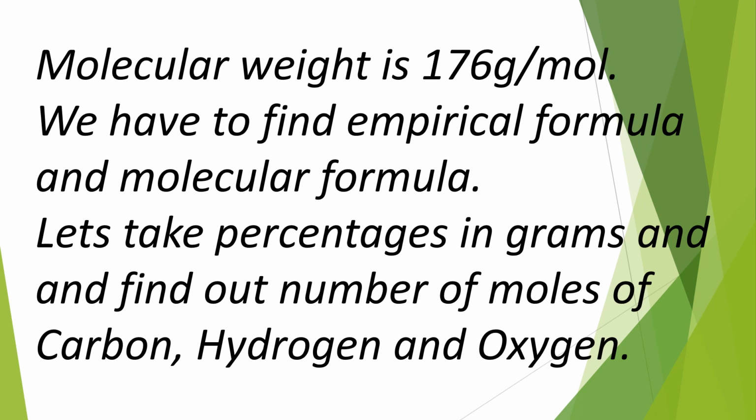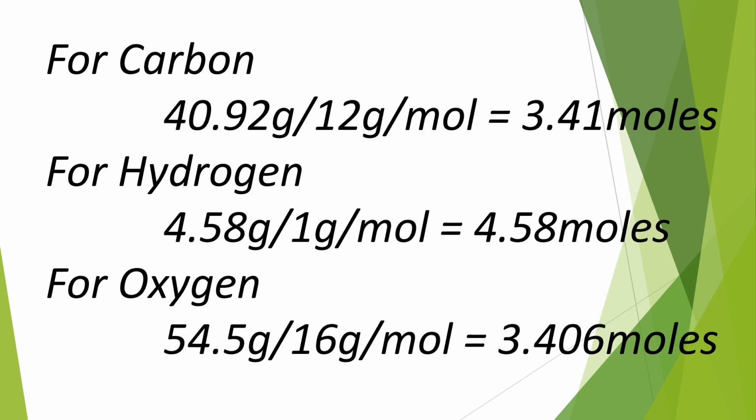Let's take percentages in grams and find out the number of moles of carbon, hydrogen and oxygen. For carbon, 40.92 gram divided by 12 gram per mole is equal to 3.41 moles.